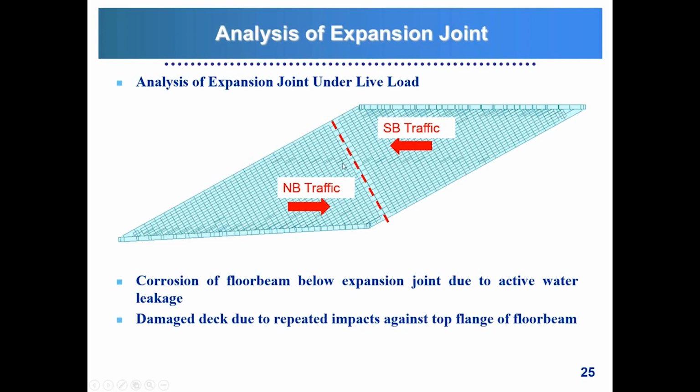So we had corrosion of the floor beam below the joint due to the water leakage. And also it was noted that the bottom part of the deck was damaged due to repeated impacts against the top flange. It was noted that the deck was pumping under live load and constantly hammering the top flange.